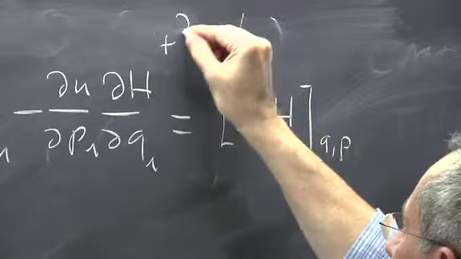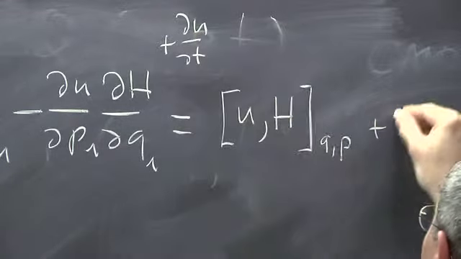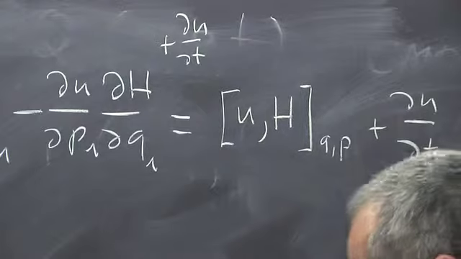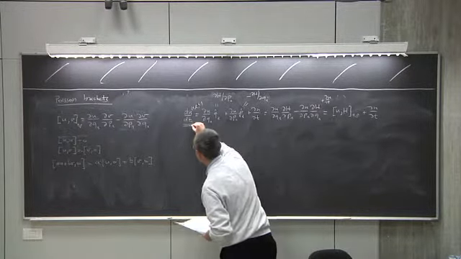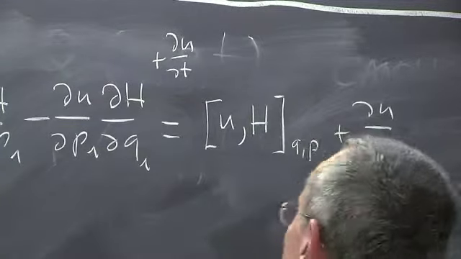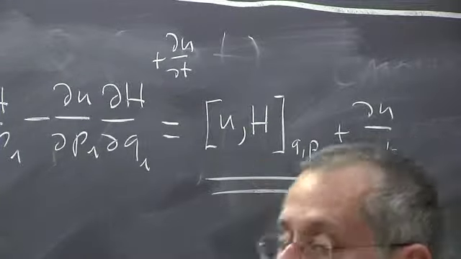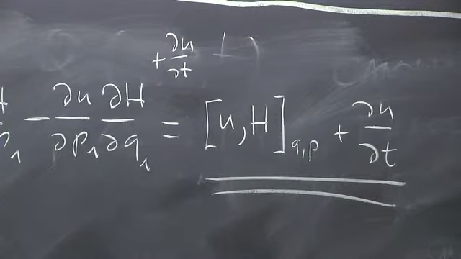Yeah, because you also have this, so plus dU/dt. You are right. So the total derivative of a function of your canonical variables can be written as the Poisson bracket with the Hamiltonian plus, as he pointed out, dU/dt in case it depends explicitly on time.